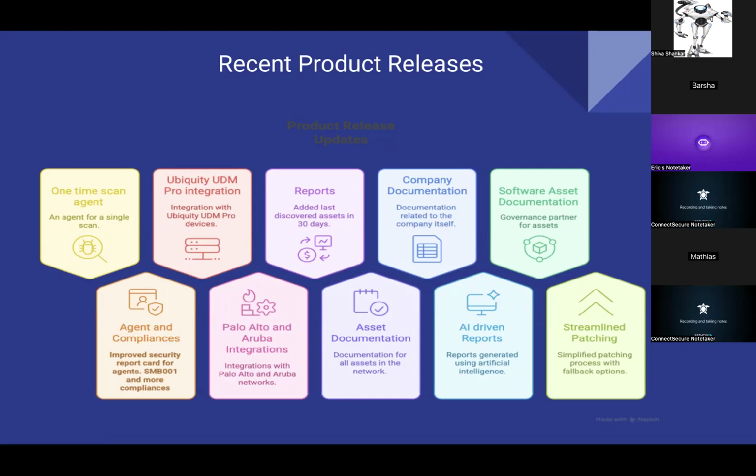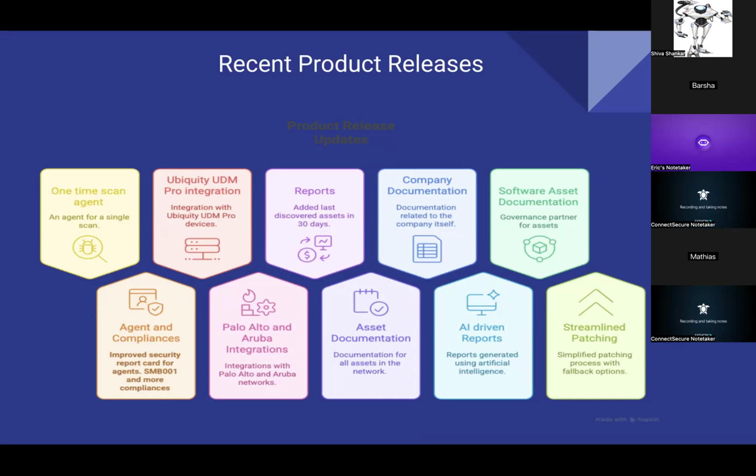Asset documentation and company documentation is in beta, and we rolled it out 3 months back. AI-driven reports were rolled out last week. Software asset documentation is coming soon. We are doing the final touches because some of the detected software is weird, so we want to make sure we have the right set of data points there.